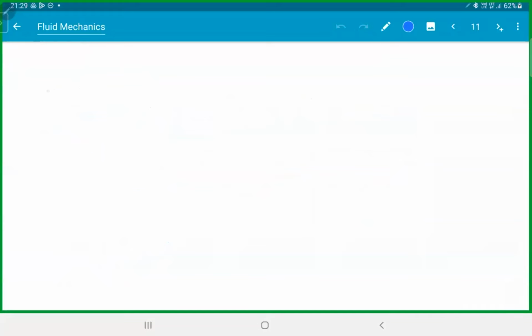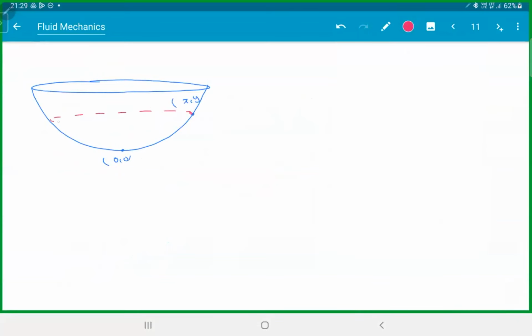So look at the surface here. This bowl shape you have. Let this point be the origin. Let this point be x comma y. That means this particle here is going in a circle. What are the forces acting on the particle? dm g. What is acting on this thing? dm omega square x, centrifugal force.